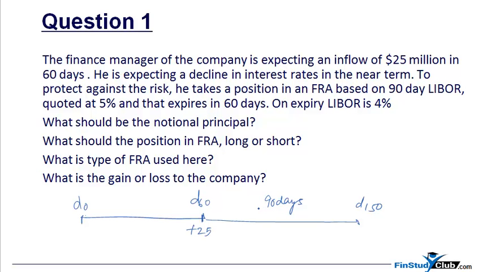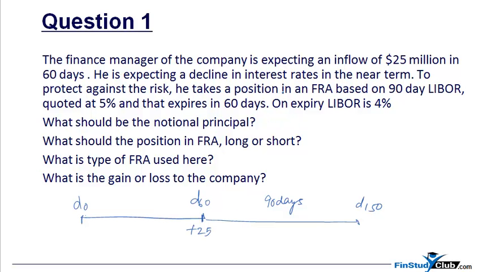So what kind of an FRA should one be taking? Now we all understand what an FRA is. An FRA is basically a forward agreement where the underlying is a prospective loan. I repeat, an FRA is a forward agreement where the underlying is a loan, a prospective loan, which will kick in at a certain point of time.